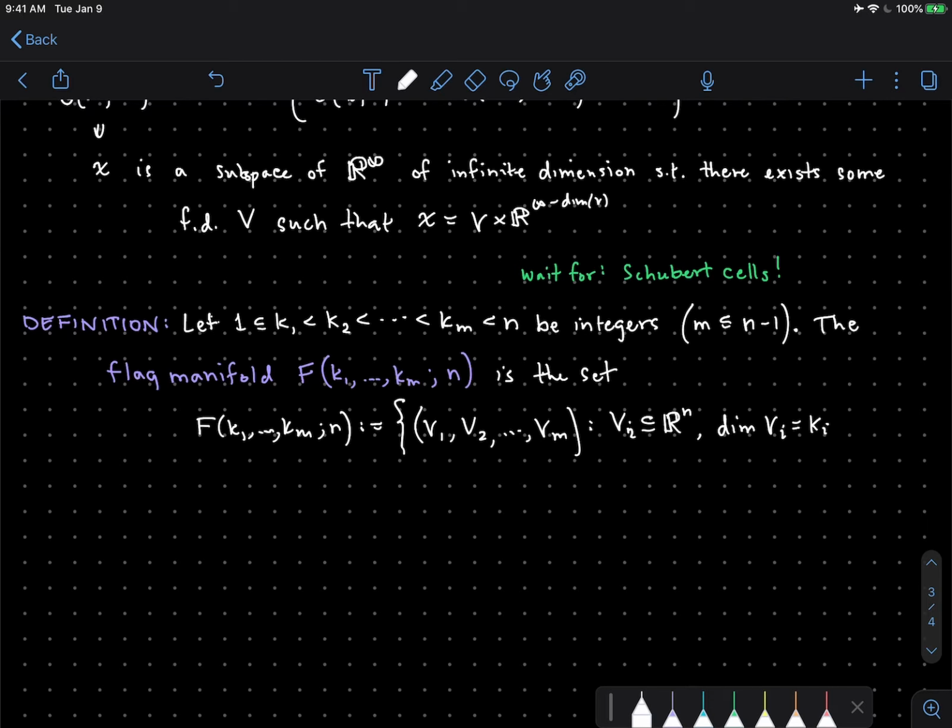So these k's are controlling what the dimensions of these vector spaces are going to be. And a chain of vector spaces like this is called a flag.